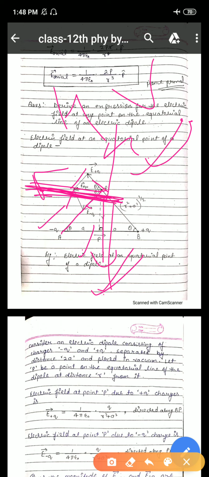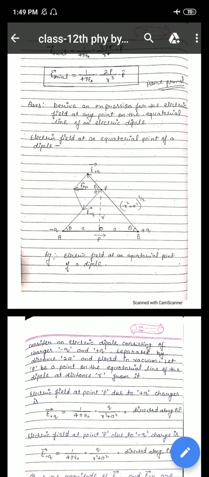See, this one is downward, this one is upward, and the electric fields are equal because the distance r is the same. Is it clear?